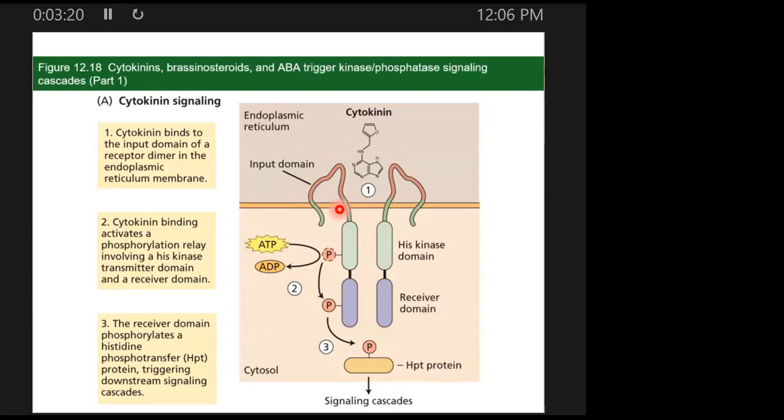And then sometimes there's a middle protein or some extra proteins that are involved. But again, you can just see that there is this transfer of phosphate once the cytokinin is coming in and binding to the sensor kinase. And then the phosphate transfer. And then you see an arrow down to, okay, the rest of the signaling cascade continues. So that's really all I need you to think about on that.